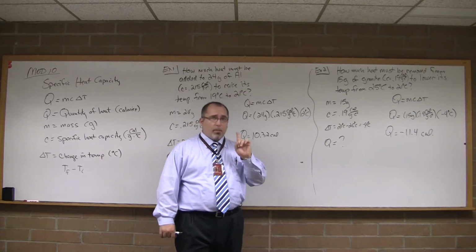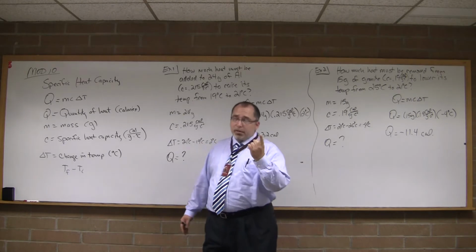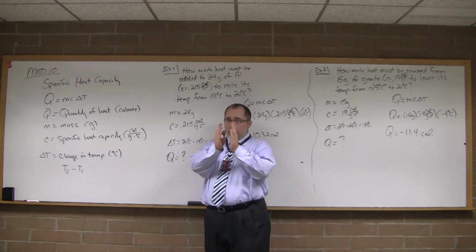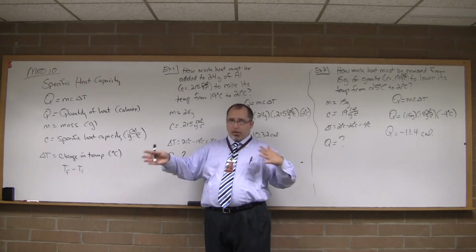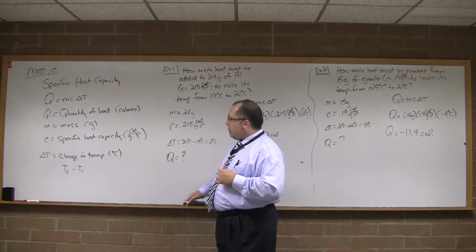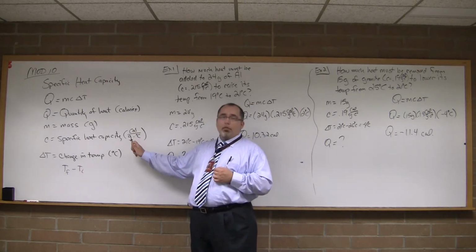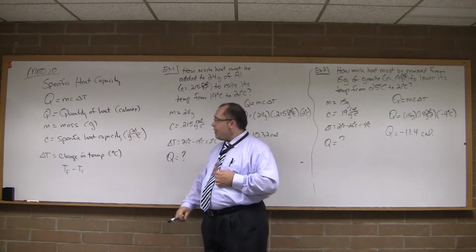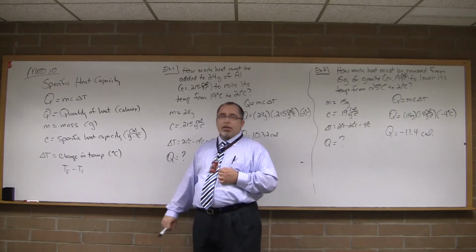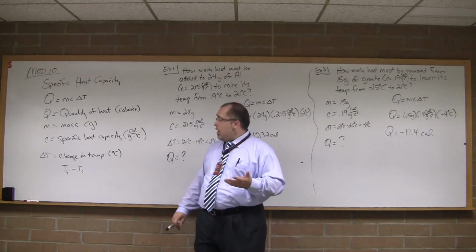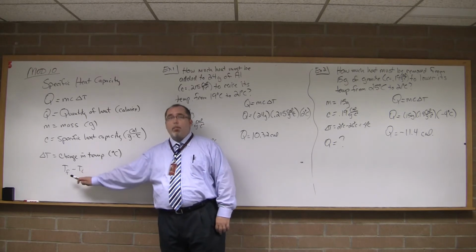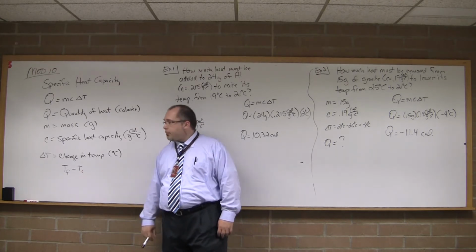Water has a specific heat capacity of 1. Basically, they naturally started with that. We'll let water be the baseline, and everything else is based off of it. It is measured in calories over grams times degrees Celsius. And lastly, delta T is your change in temperature. That's in degrees Celsius. But keep in mind, that's always the final temperature minus the initial temperature.